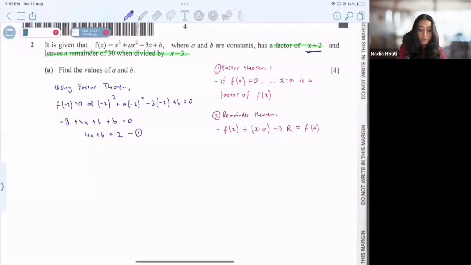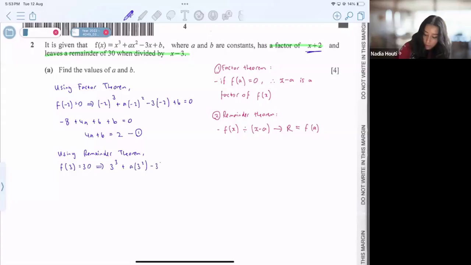So f(3) is equal to 30. So this is your second equation.